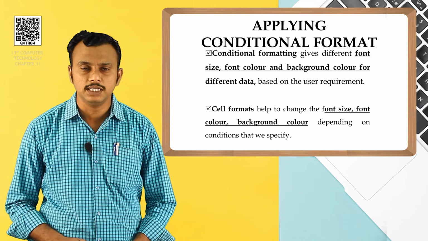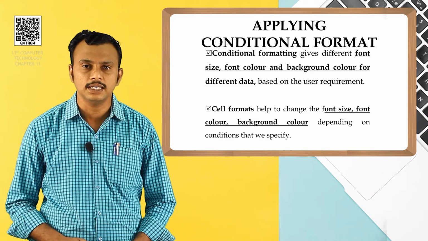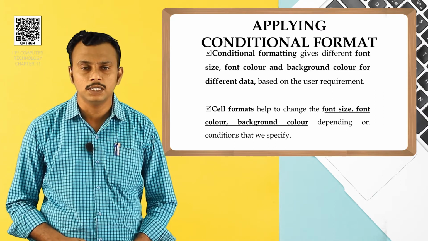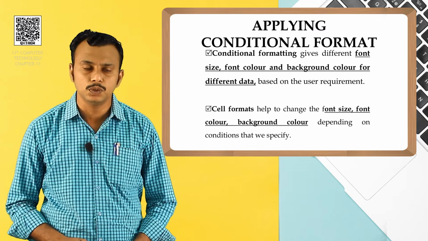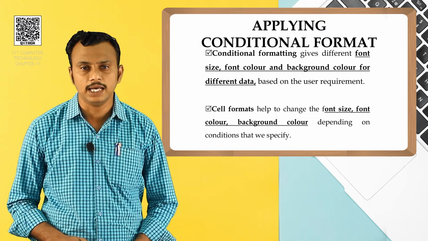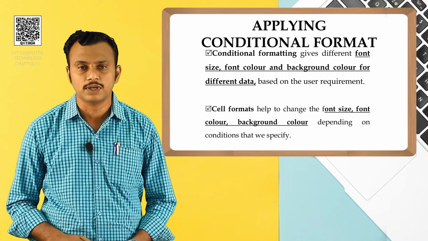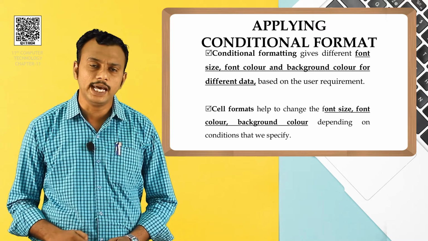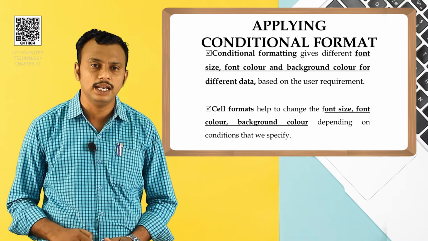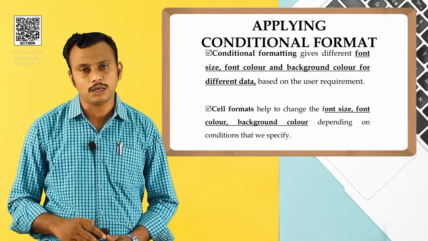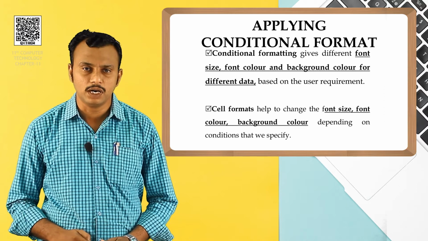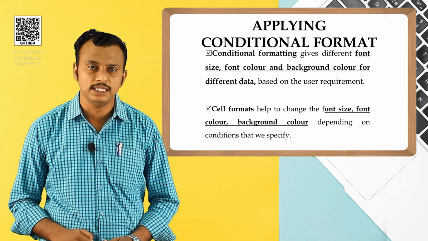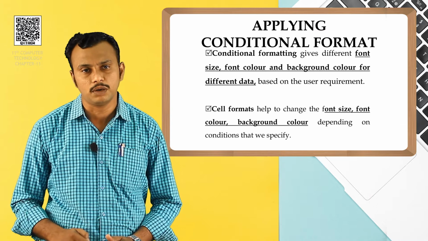Whenever we change the font color, font size, and background, the cell data can be viewed in an easier manner, and we can also understand that there are different kinds of data. Whenever we type data in the cell, it can be formatted. How can it be formatted? That is what we are going to see as applying conditional formatting.